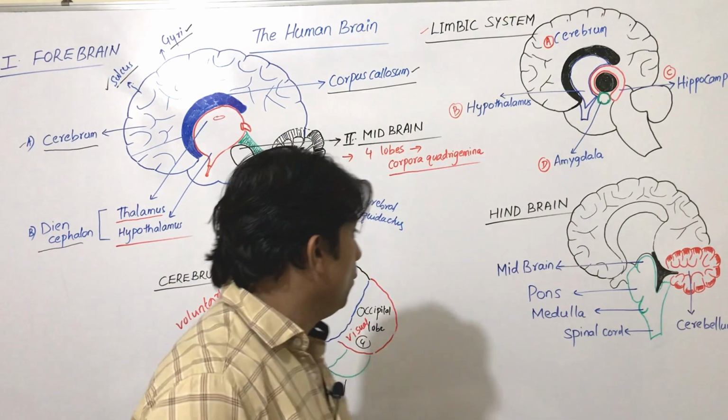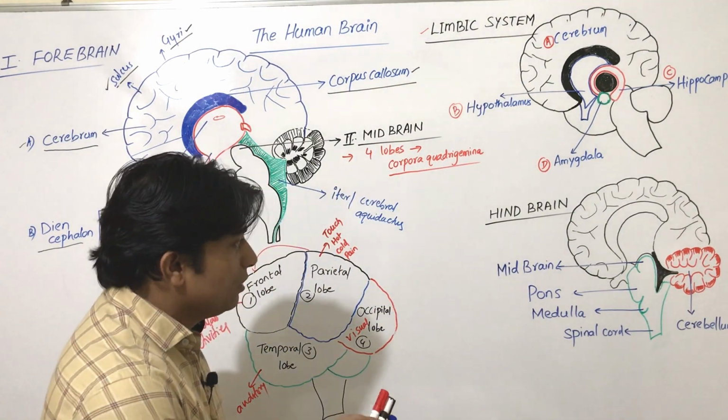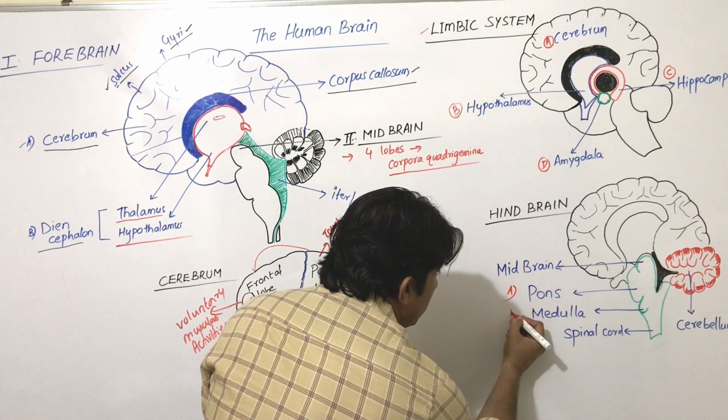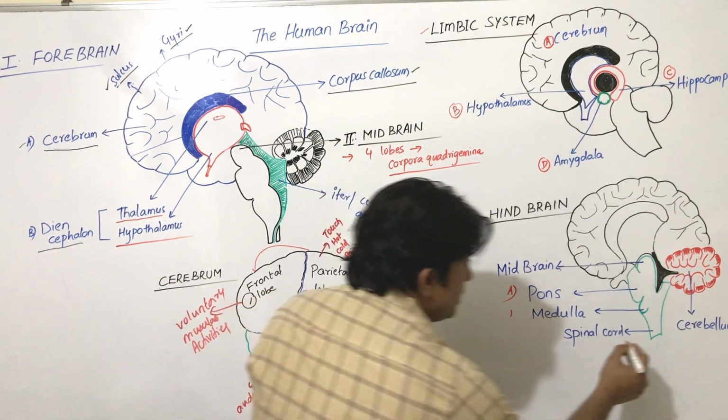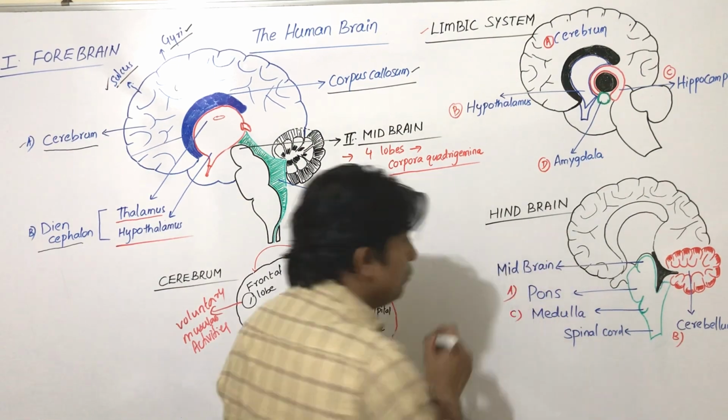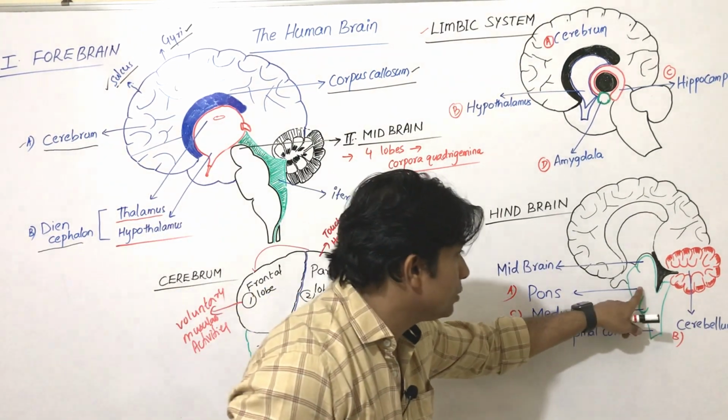Hindbrain is with three structures. This is called Pons, this is your cerebellum, and this is the medulla. Coming to the Pons.